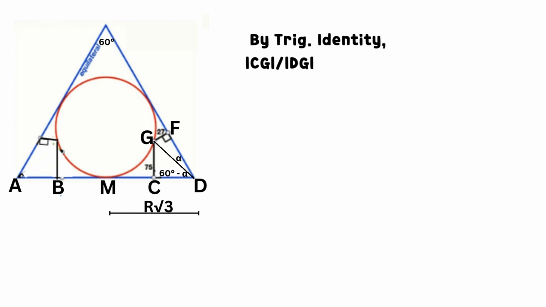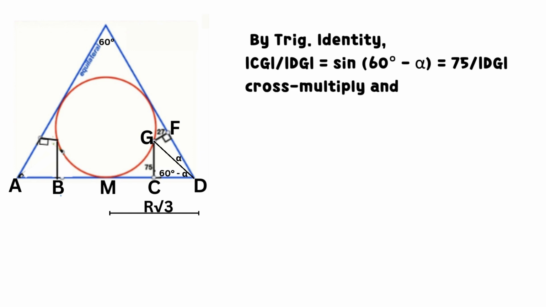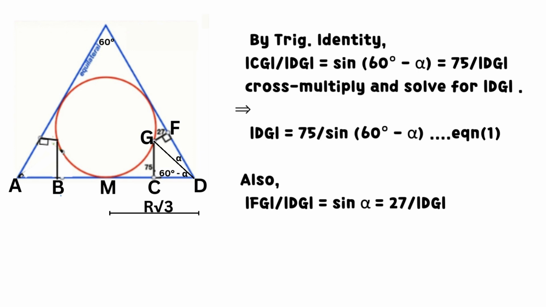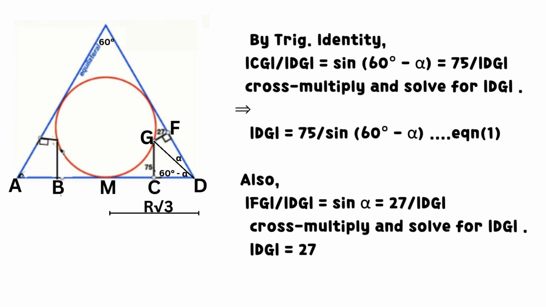By trigonometric identity, line CG divided by line DG equals sine of 60 degrees minus alpha, which equals 75 divided by line DG. Cross multiply and solve for line DG.